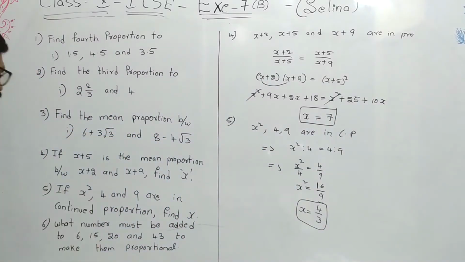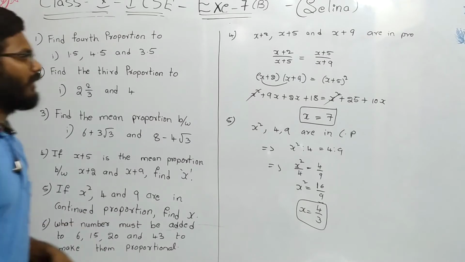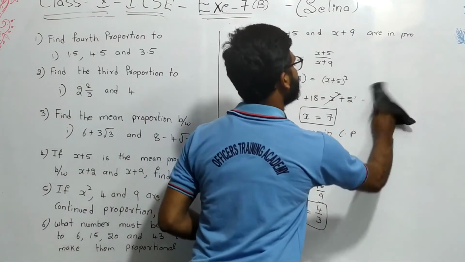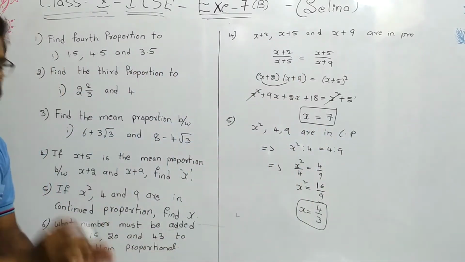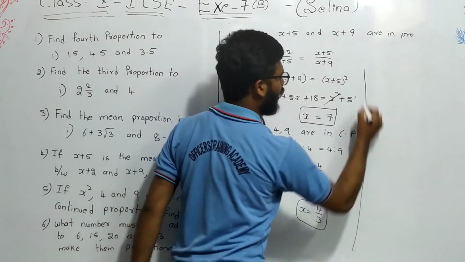Next, sixth one. What number must be added to 6, 15, 20 and 43 to make them in proportion? See, they are asking how much we have to add to all these numbers such that they should be in proportion. So we don't know that number, right?